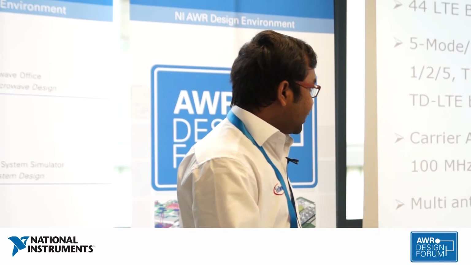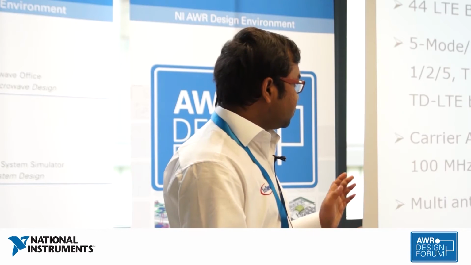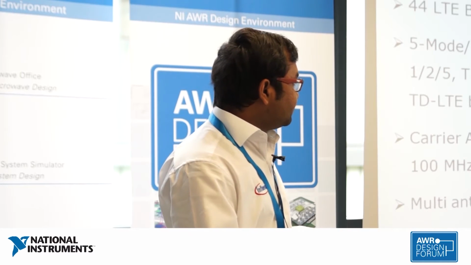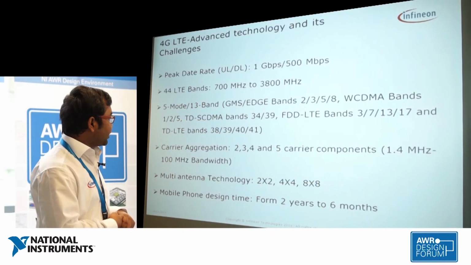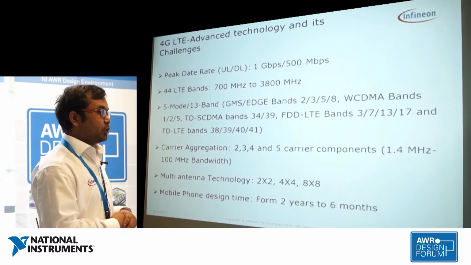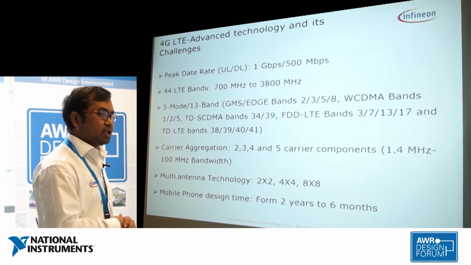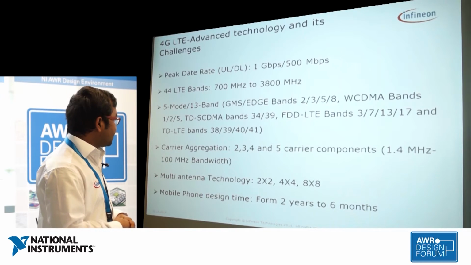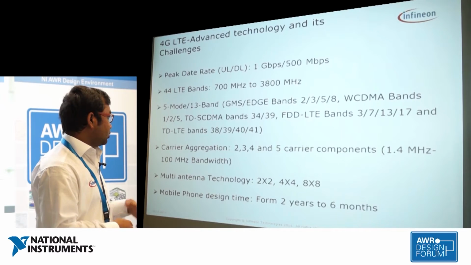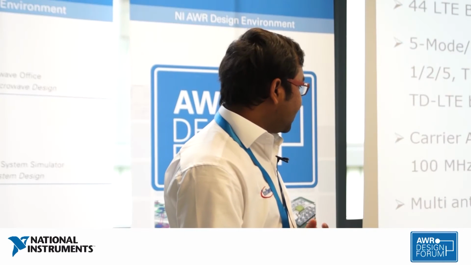A carrier is usually from 1.4 megahertz to 100 megahertz, and from the 3GPP specifications, 5 component carriers can be aggregated together to have a maximum of 100 megahertz bandwidth, and using this we can achieve 1 gigabit per second data speed. This will be coming to the market in maybe the next 2-3 years.